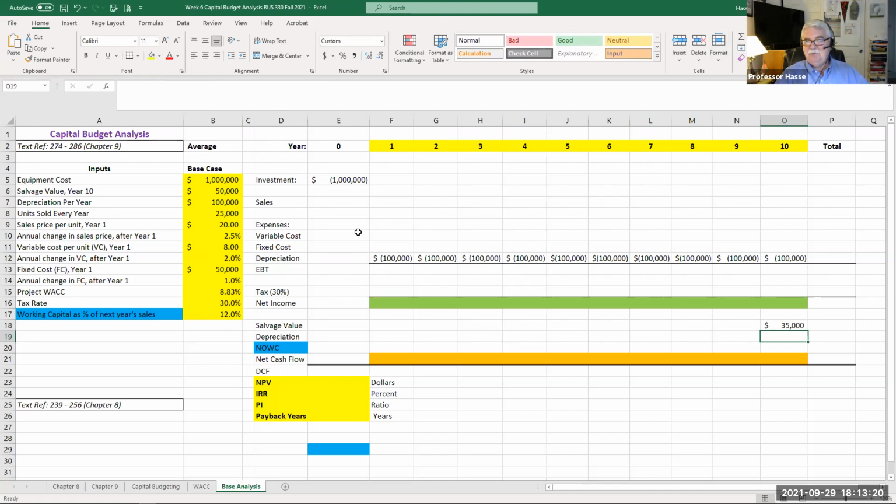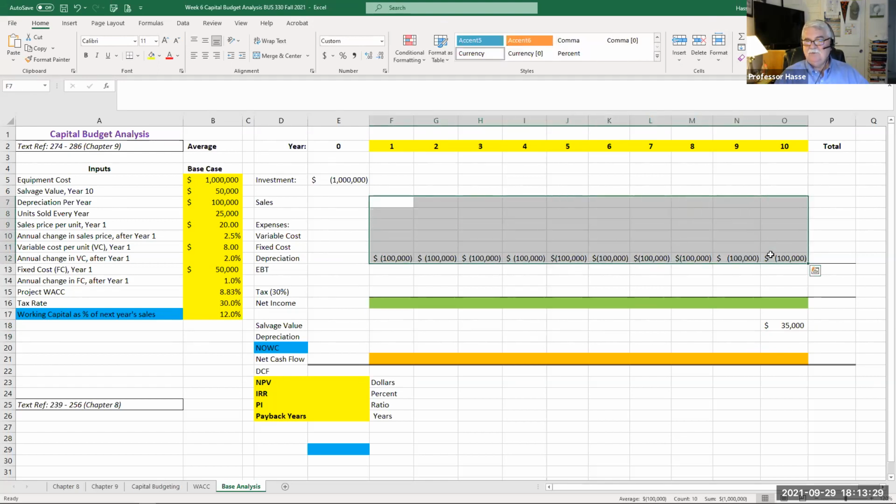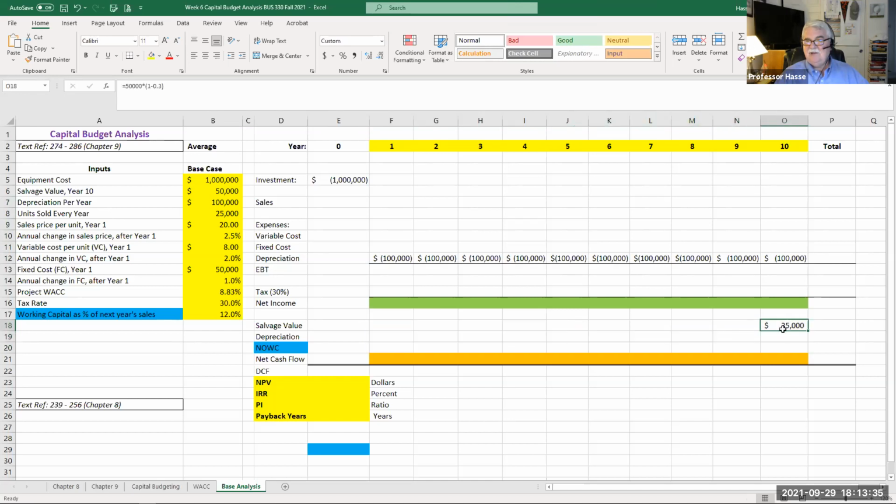Notice I'm beginning to put the pieces in this puzzle. These items up here are net income or accounting terms. Below net income are operating cash flow terms. Salvage value is cash flow that occurs at the end of the life of the asset.